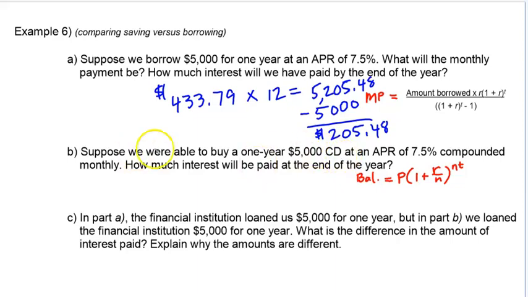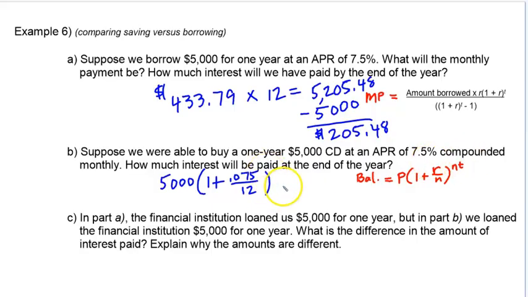All right, letter B is a review of our previous lesson where we used the compound interest formula. So we're investing, in this case, a $5,000 CD, so P, principal, is $5,000. 1 plus the interest rate as a decimal divided by the number of compounding periods.